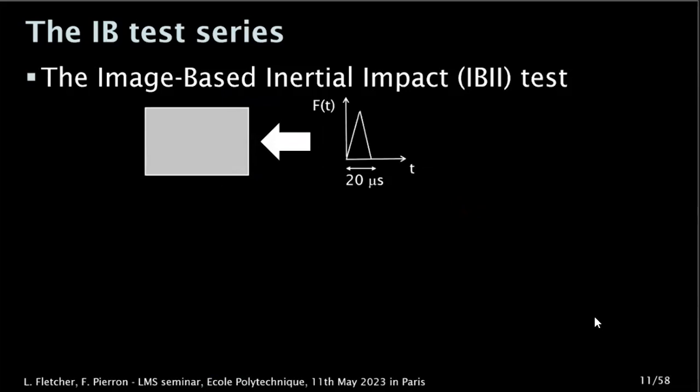intuitive. It's very similar to a Hopkinson bar setup, except that you don't have an output bar. So in a way, it's similar to spalling tests on brittle materials. We generally use very short pulses here, on the order of 20 microseconds, so we put all the energy in one go by an impact.